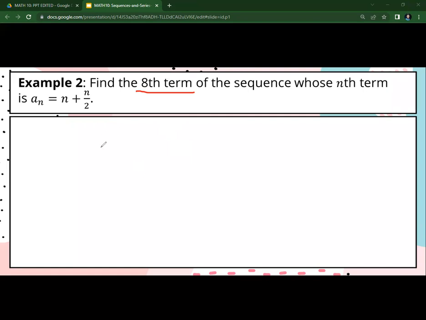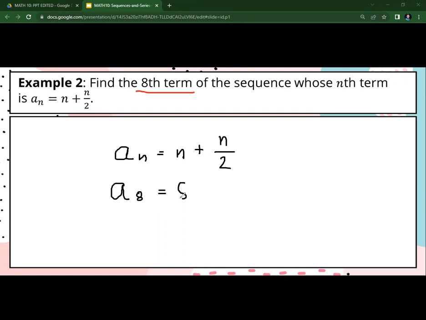Now, to solve for this, ganun lang din po ang gagawin natin. A sub n equals, copy lang muna natin yung given, n plus n over 2. Now, what we need to do is to substitute the value ng hinahanap natin, which is a sub 8. Palitan na natin yung n ng 8.